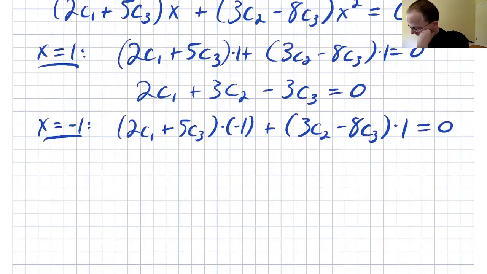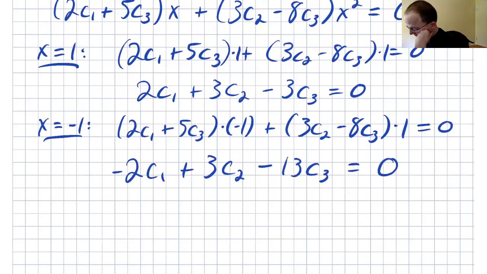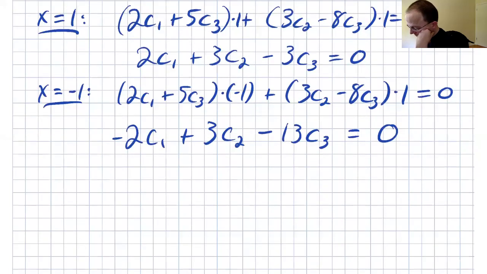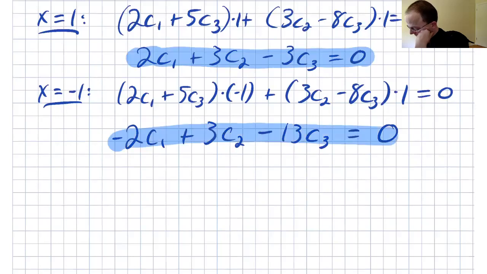That is a c2 and that's a c1. So we get negative 2c1 plus 3c2 minus 13c3 equals 0. Okay, so now we get these two equations here.